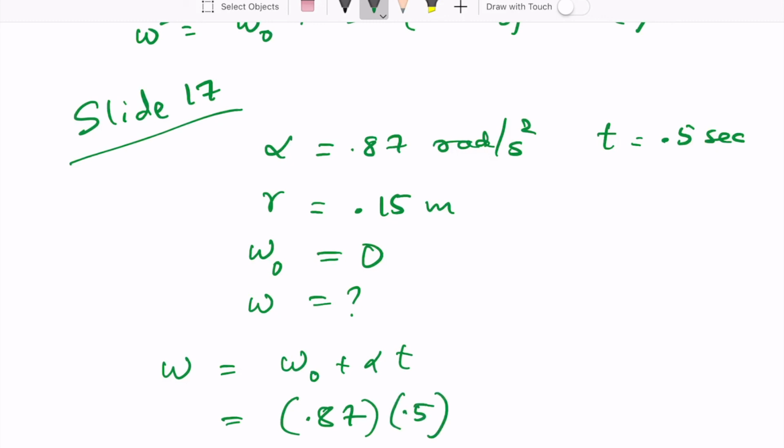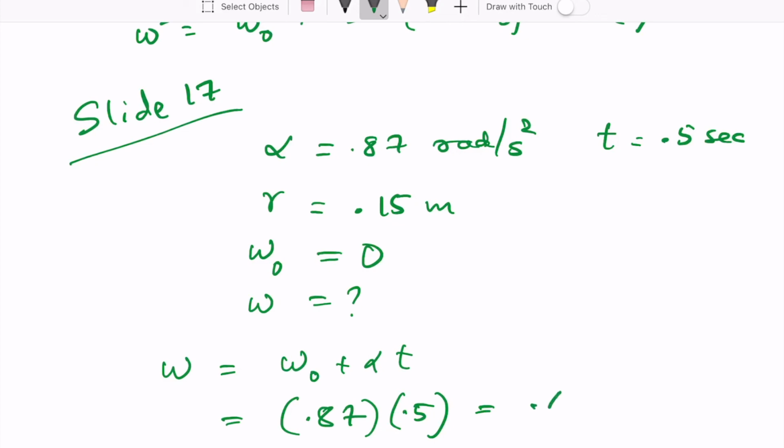It looks like I did it a different way on the slide, but we are just going to do it the way we're proceeding now. So 0.87 times 0.5 is 0.435.